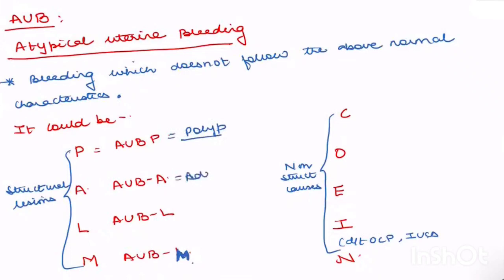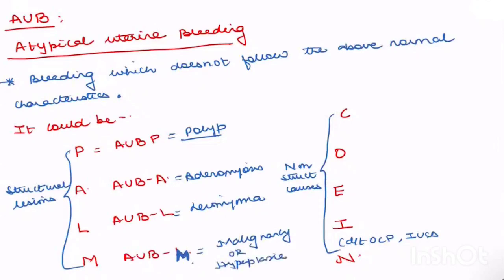A stands for adenomyosis. L stands for leiomyoma. M stands for malignancy or hyperplasia. C stands for coagulation disorders.